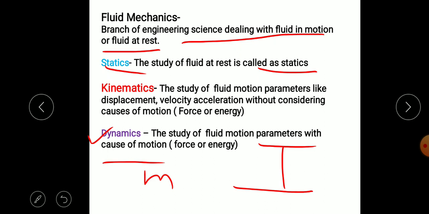That means the force is given by the pump and it causes the motion of the fluid.